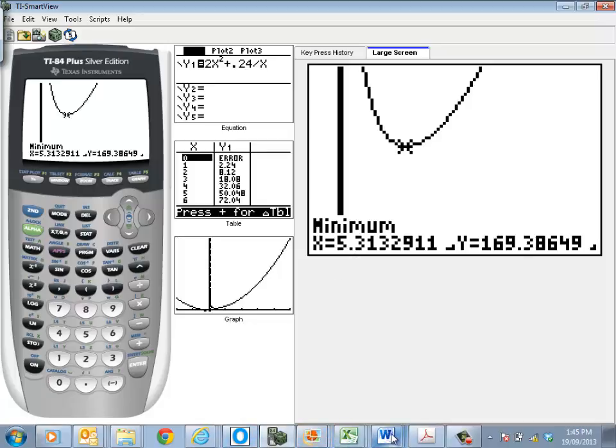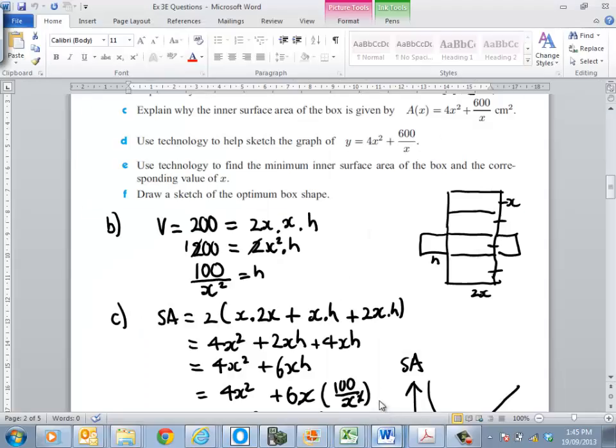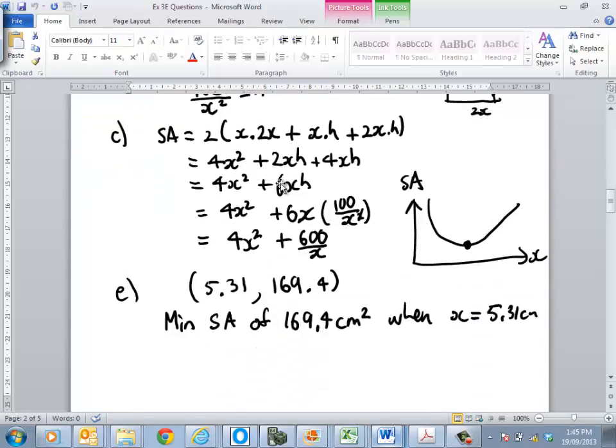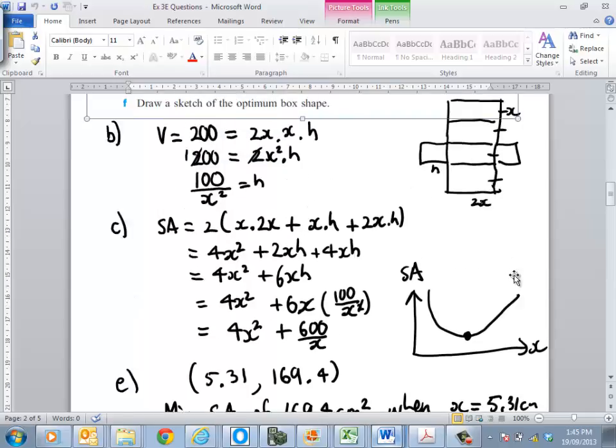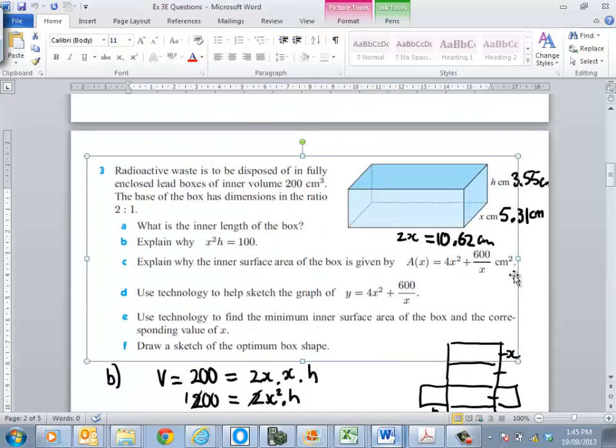Now going back to your question, I've found that value, and then it says draw a sketch of the optimum box. I know my x is 5.31 and I know my minimal surface area. Really what it's asking you to do is draw a box and label the sides.